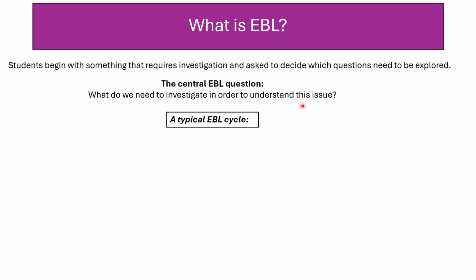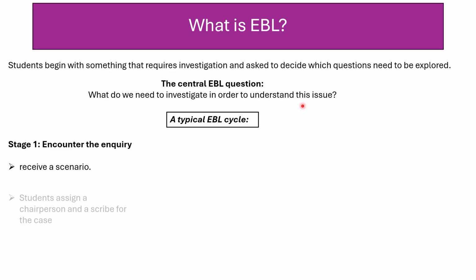So let's have a look step by step at the normal EBL cycle, which is made of different stages. The first stage of an EBL class is encountering the inquiry, or the scenario or the issue that you have. Sometimes the scenario will be revealed a few days before the session.